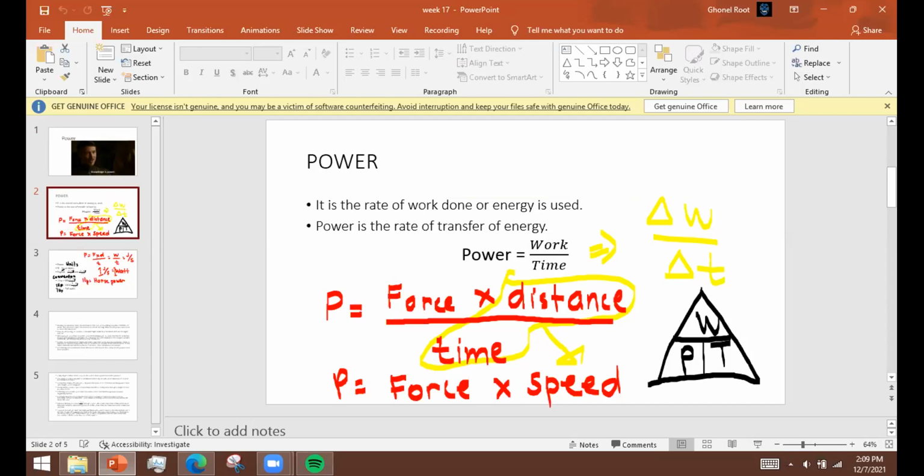So when it translates to calculus or derivatives, let's say we have a function, an equation. The function of x is equal to work.